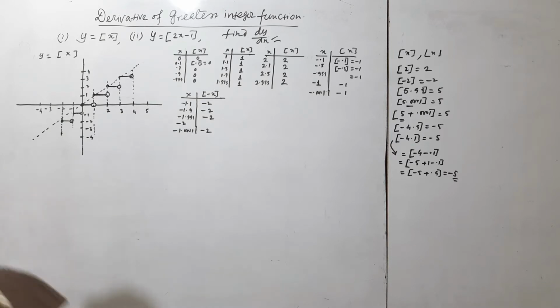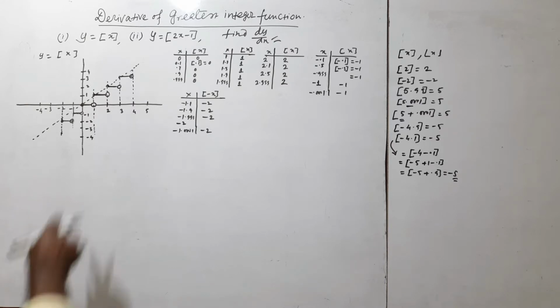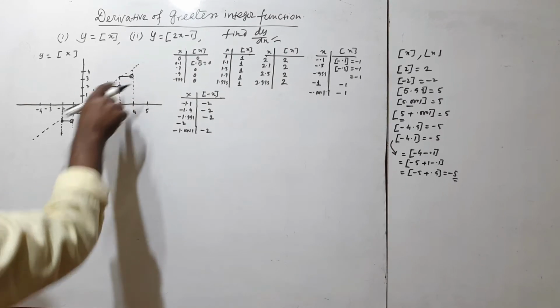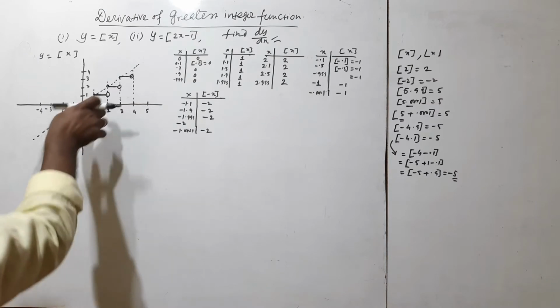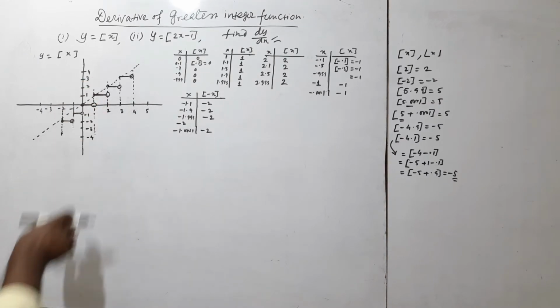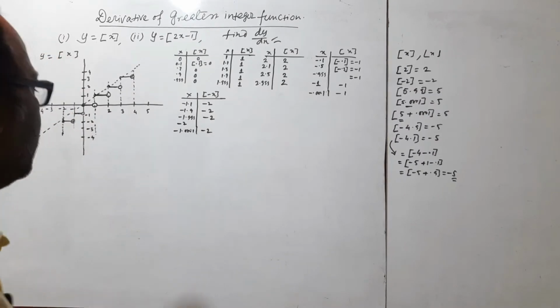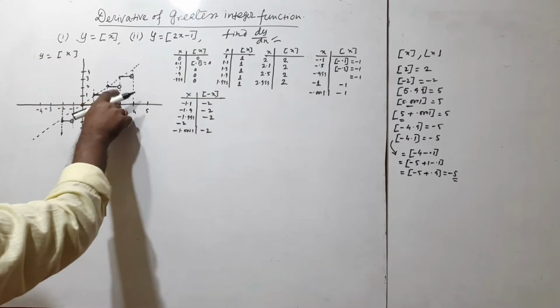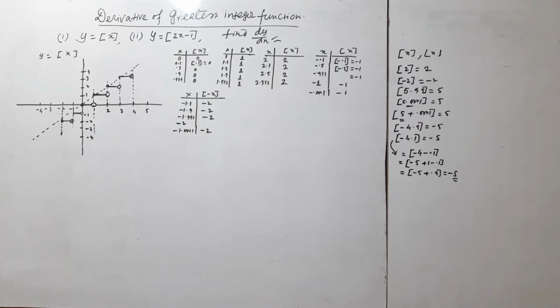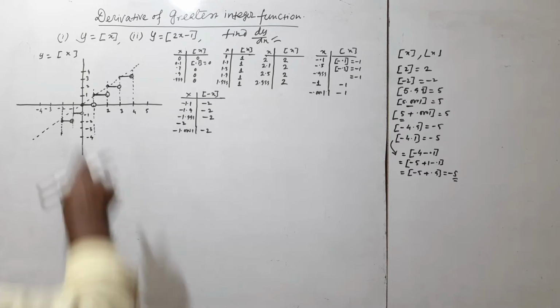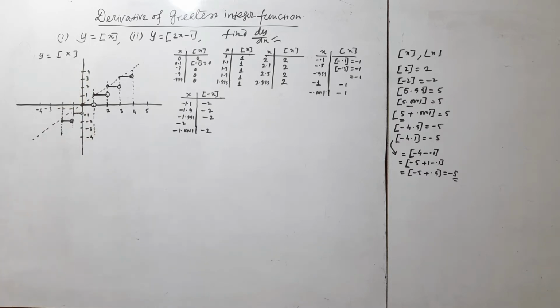See, the tangent of this curve is parallel to the x-axis. You know, the derivative of the x-axis is 0. So the derivative of these is all 0, which is parallel to the x-axis. So this function is differentiable when x is fraction, and the value of the derivative is 0 for this function.